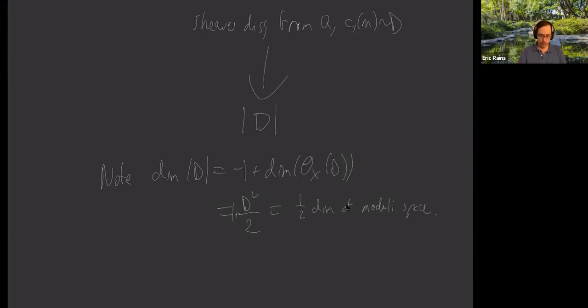And moreover, the other way we can see this is that the arithmetic genus of D, by the same sorts of intersection theory calculations, is equal to the dimension of this linear system. So what this tells us is that our moduli space is something like the following.